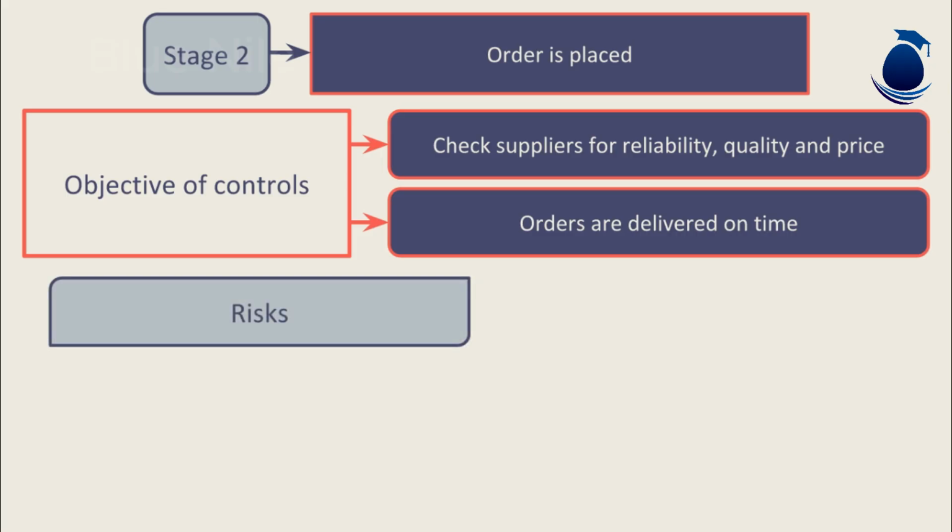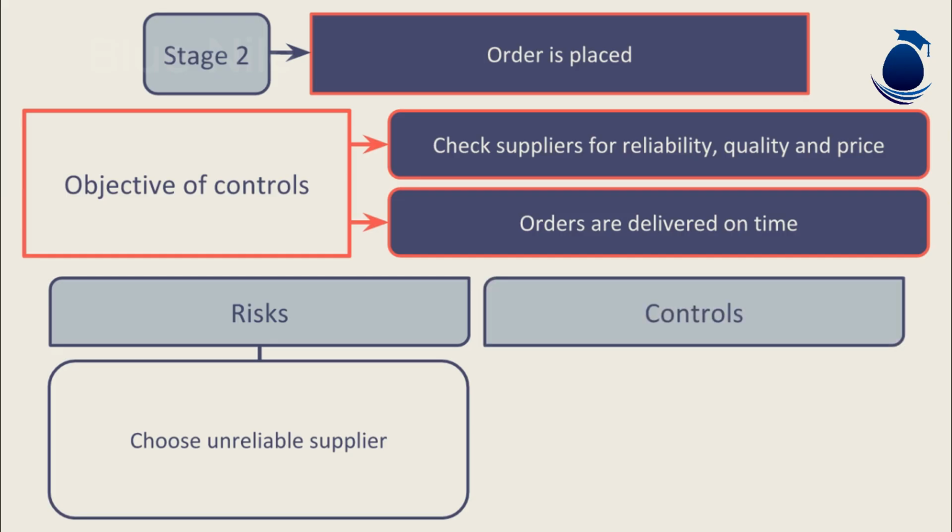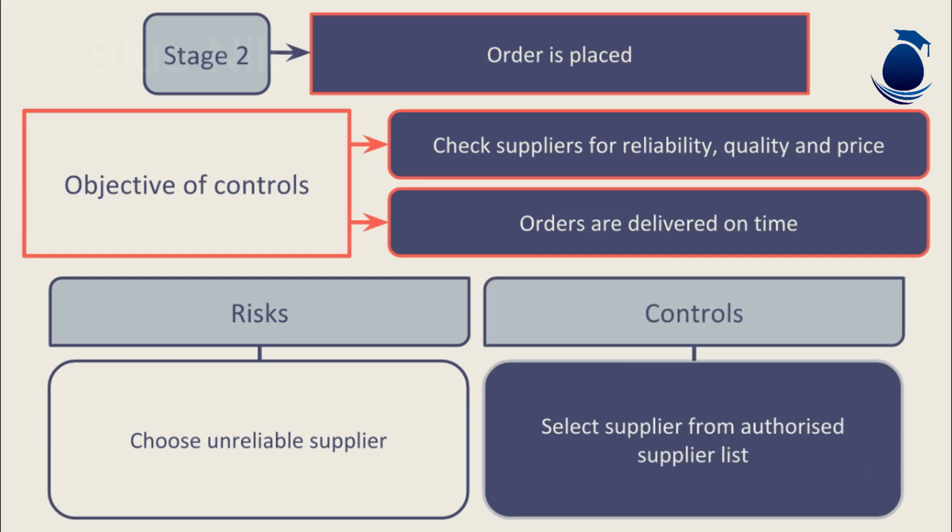A risk could be a supplier is used who is not reliable and delivers late, leading to a delay in production. A control could be to select a supplier from an authorized supplier list. This list could be authorized by senior officials and regularly reviewed to ensure suppliers' quality and price have not changed.